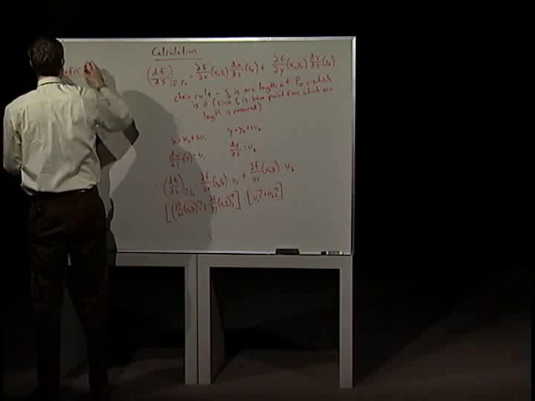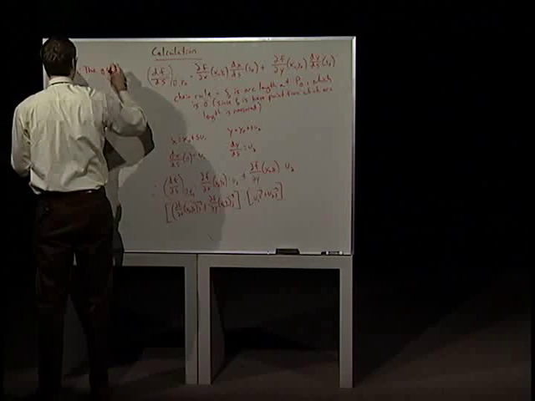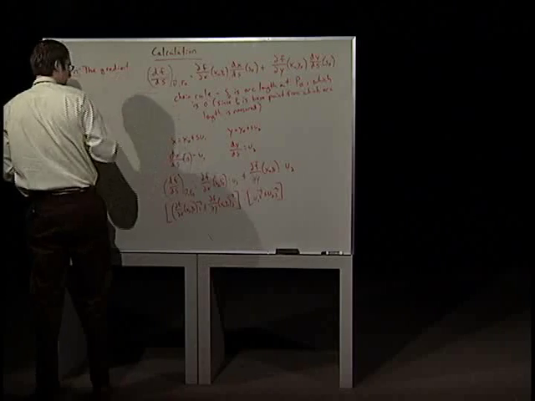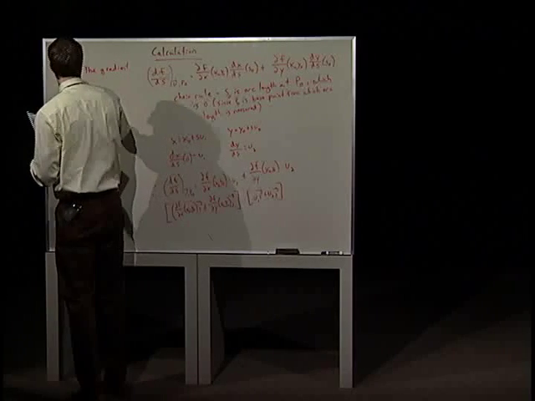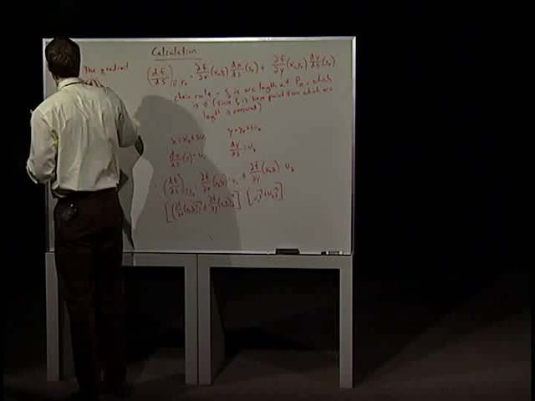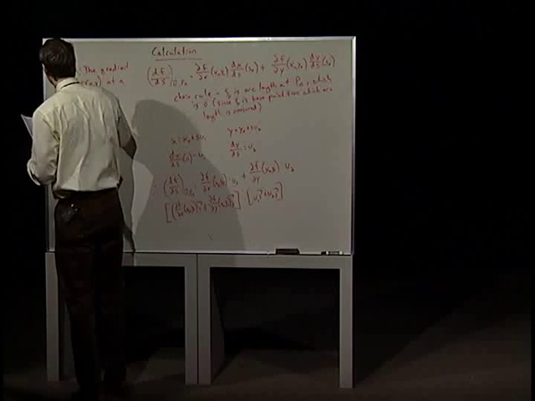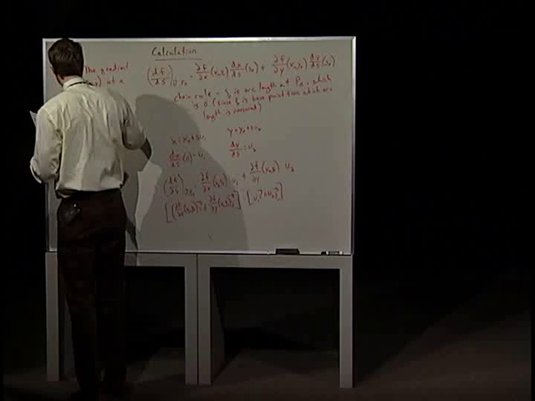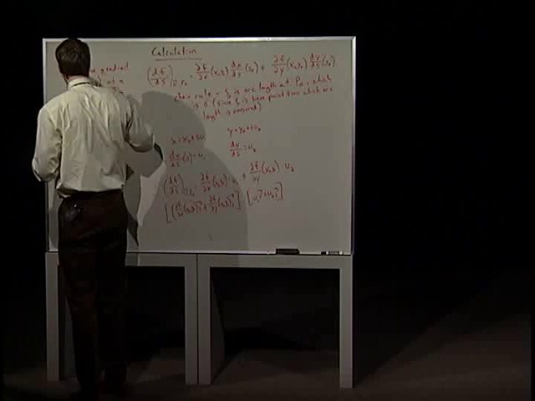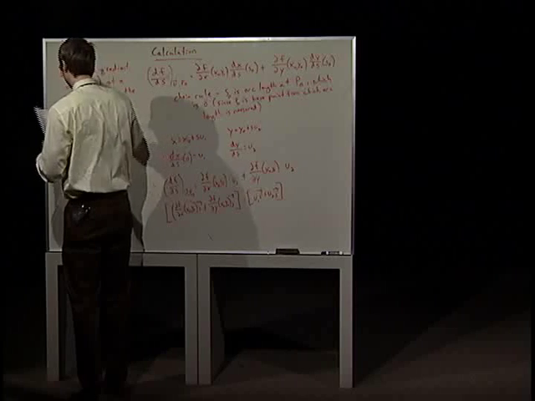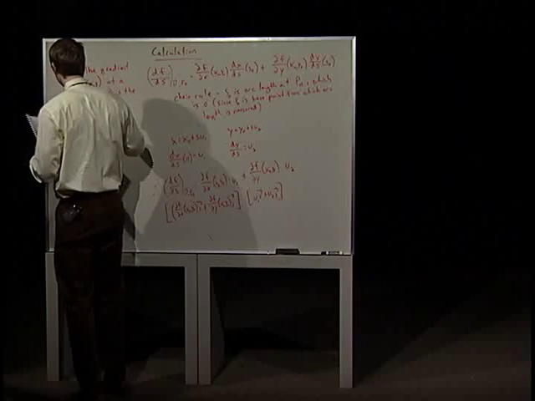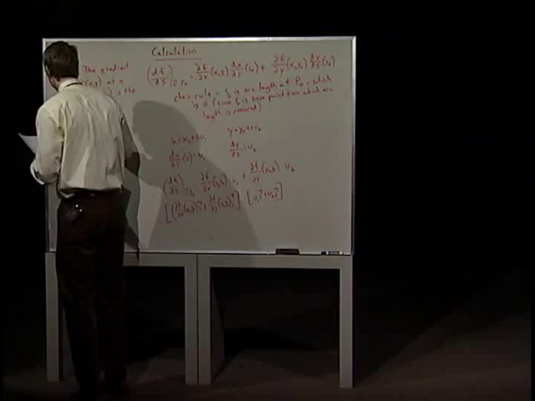Definition. That vector there, partial f partial x plus partial f partial y, is called the gradient of f of x, y at a point p naught, (x naught, y naught), and we use the notation del f.